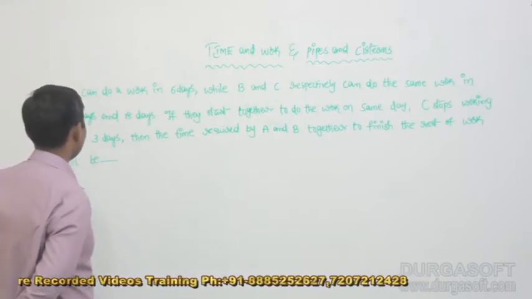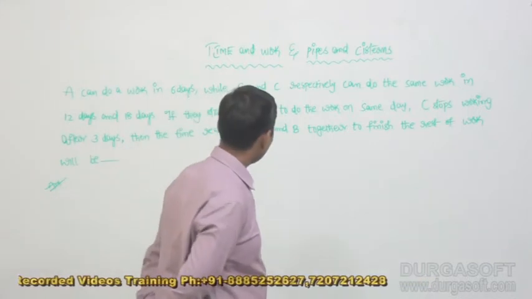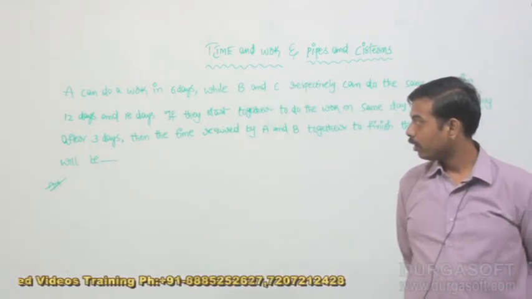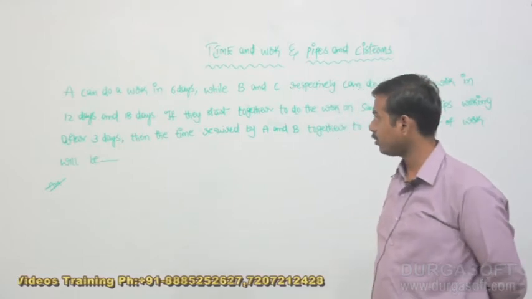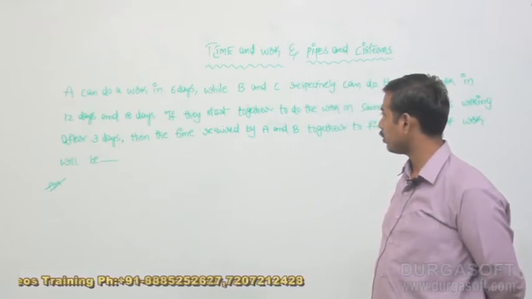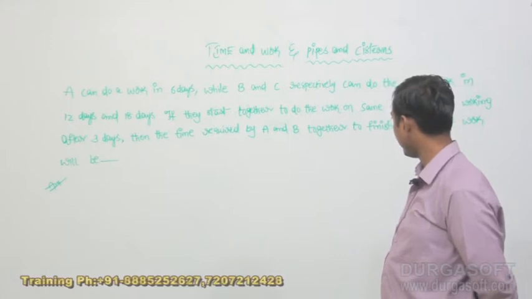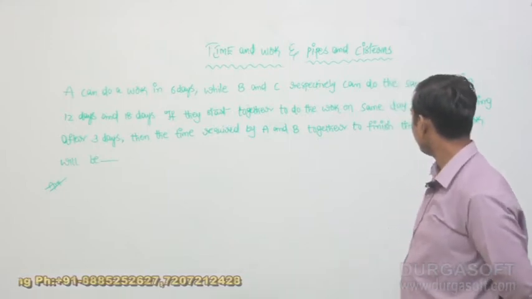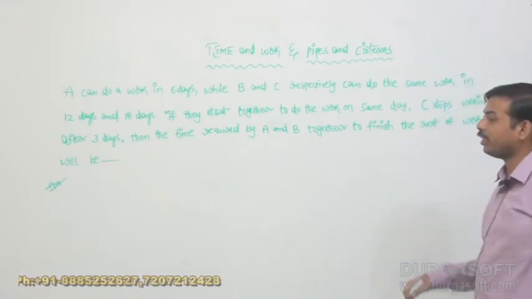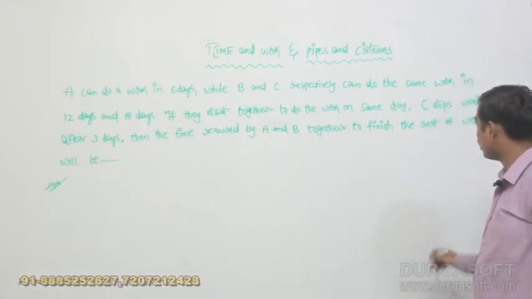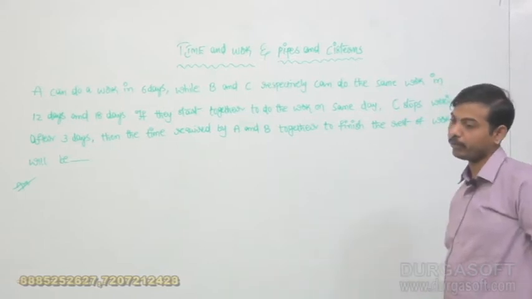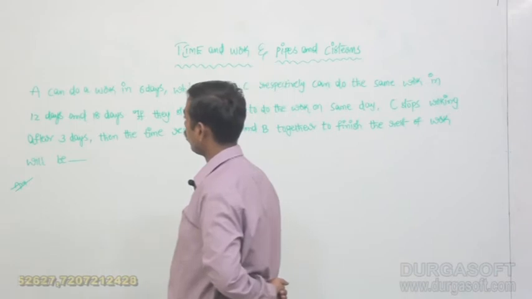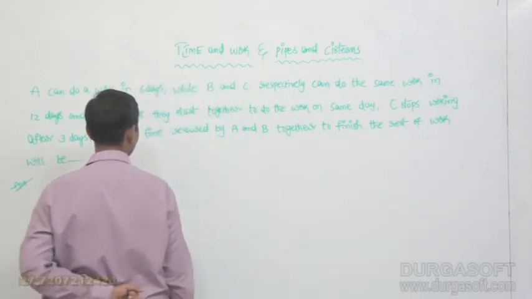A can do a work in 6 days, while B and C respectively can do the same work in 12 days and 18 days. If they start together to do the work on same day, C stops working after 3 days. C stops working after 3 days means A, B and C together work for how many days into the task?